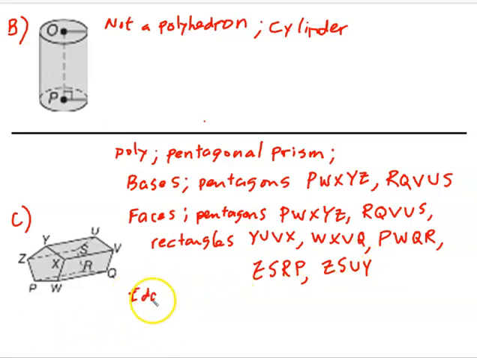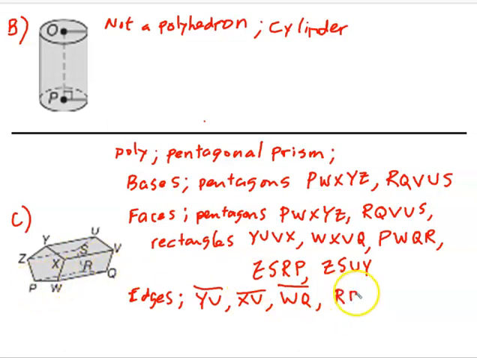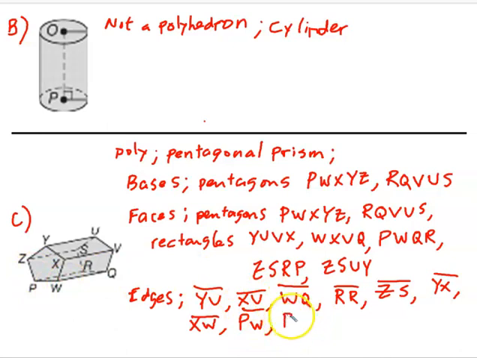Then we have edges, and these will be line segments, so we have YU, XV, WQ, PR, ZS, and then we've got these going around the bases, so YX, XW, PW, PZ, and ZY.